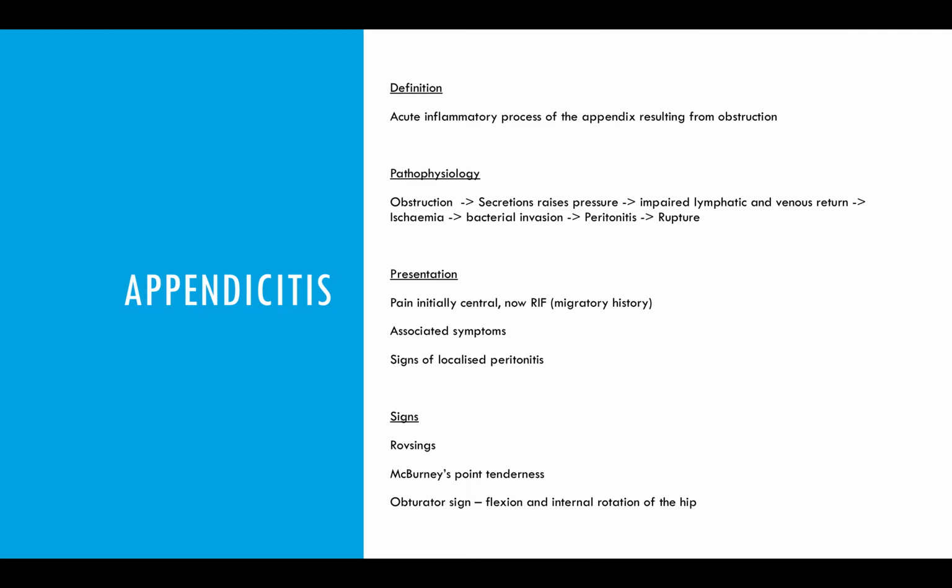Obturator sign is one that's probably less often performed, and not necessarily the most practical for you guys to be doing pre-hospitally. But essentially, using the right leg, it's lifted up, the knee bent at 90 degrees, and you do internal rotation of the hip, which stretches the obturator and the psoas muscle, and that will then cause pain because it's underneath where the appendix is located.